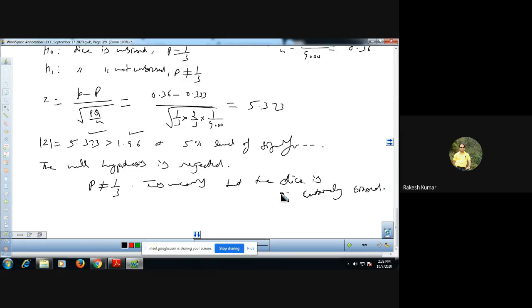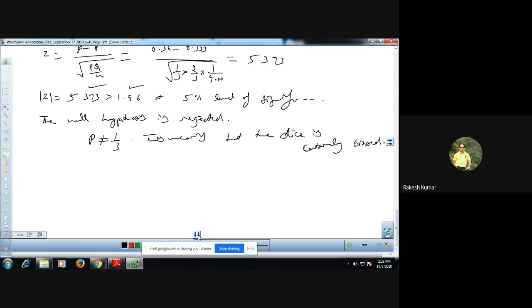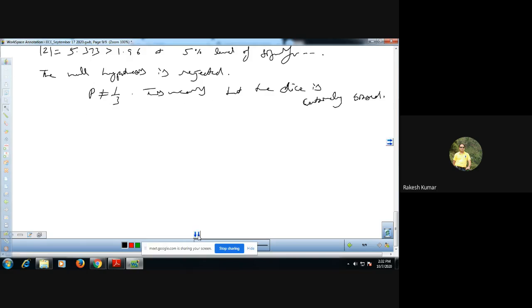We can also be given the question of finding the confidence limits. This is another important type of question. The question is: in a random sample of 400 items from a large consignment, 20 items are found to be defective.